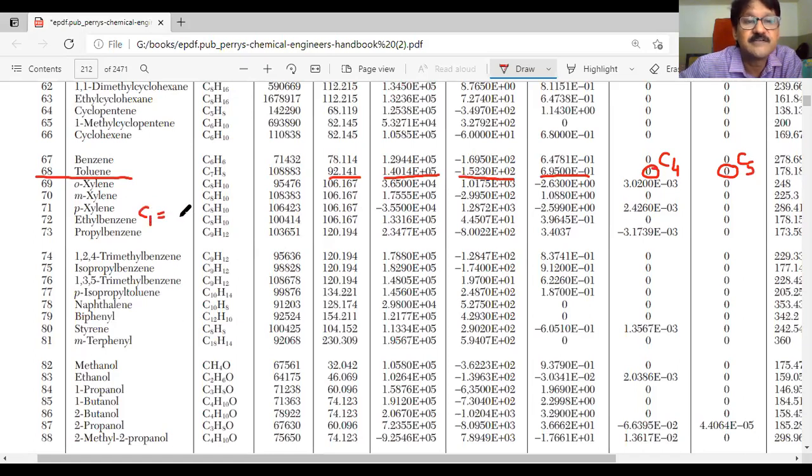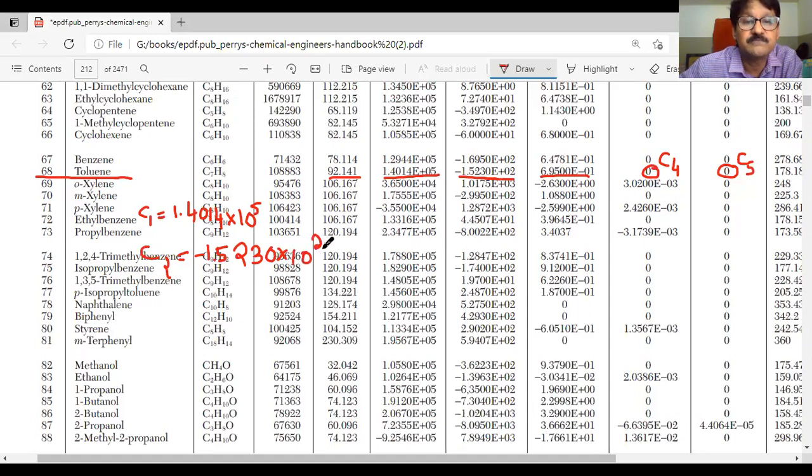C1 is 1.4014 into 10 to the power of 5. If you are unable to see on your mobile screen, you can refer to this. C2 is minus 1.5230230 into 10 to the power of 2.